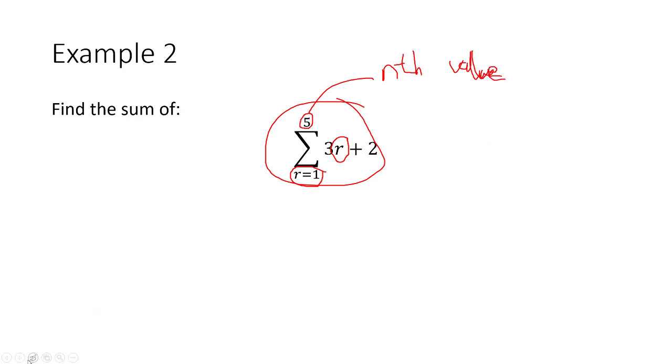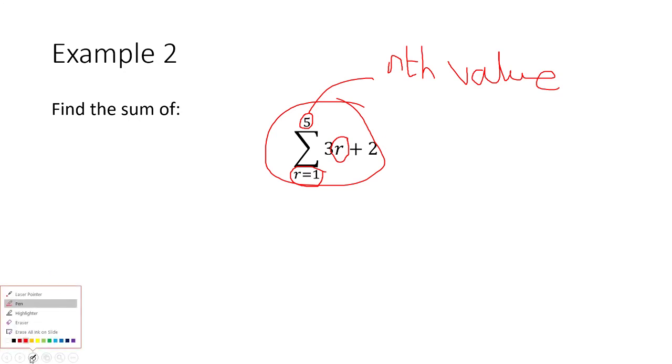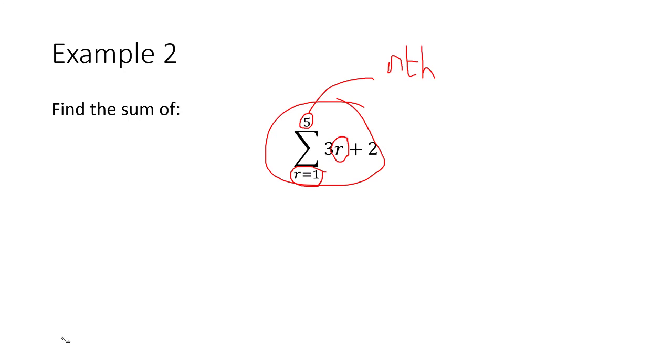I'll just write it a bit clearer. This is the nth term, not the nth value, more specifically, because it can get a bit confusing. The value is the actual number of that term, like 17, for example.